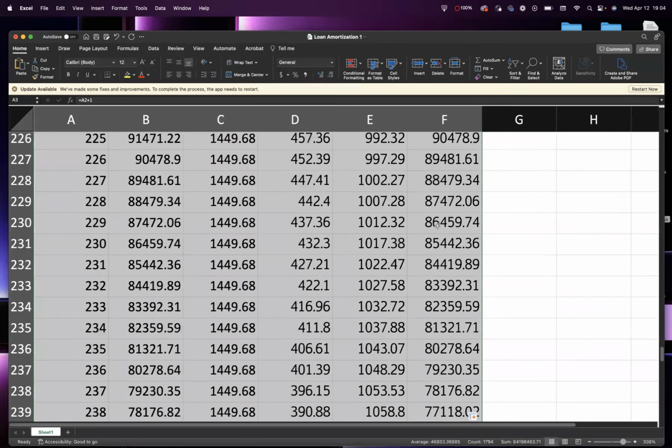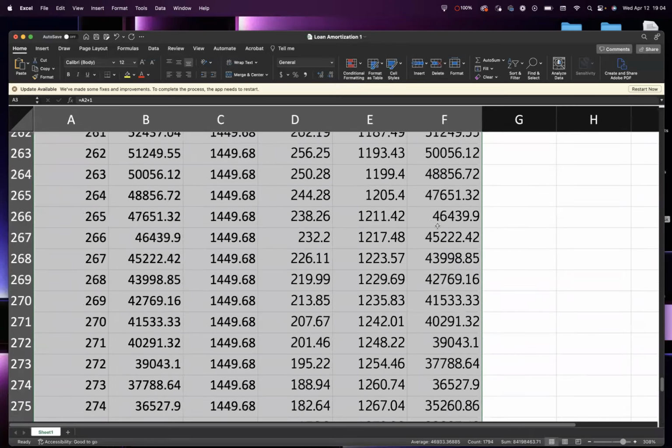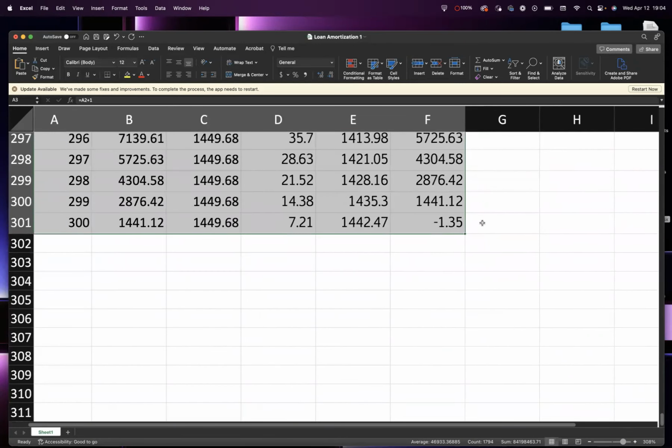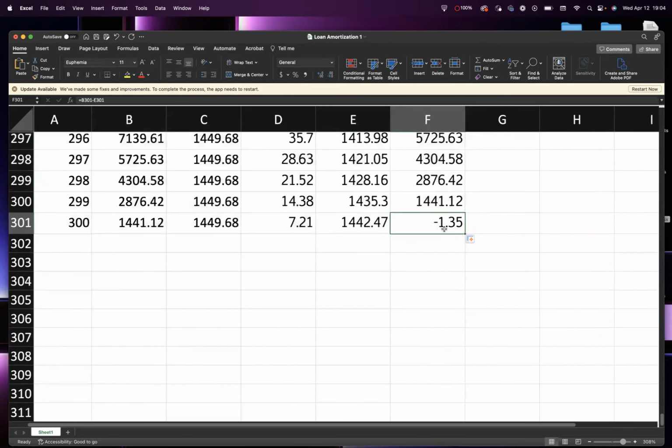As you can see, it's a lot of numbers, but how do you know you are right? Here, this value is very small, so I'm going to make some adjustment. This is negative 1.35. That means the bank owes you that much.